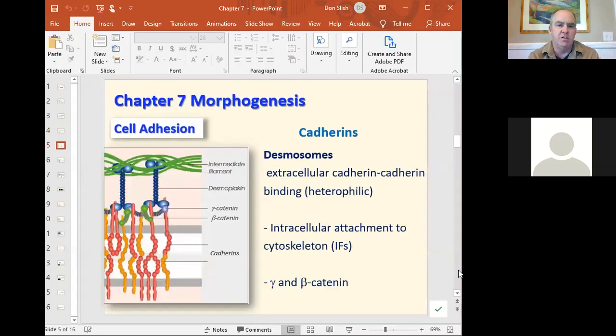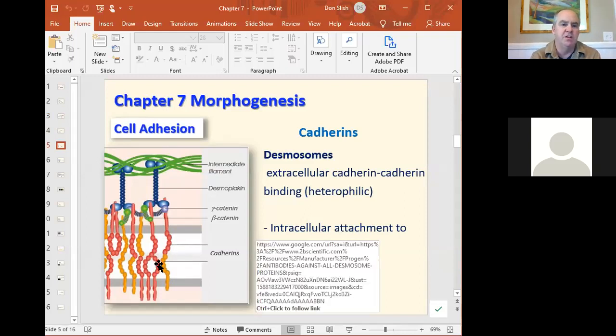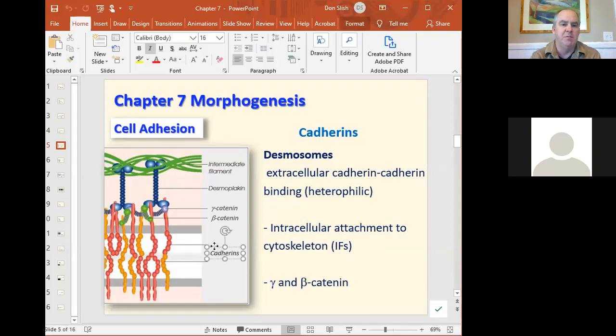Okay, so here is your desmosome, slide 5. A different picture of the desmosome. Here's your cadherins, and I've changed the name here because if you look it up, there's specific cadherins involved. One's called desmoglein, and the other is desmocollin.